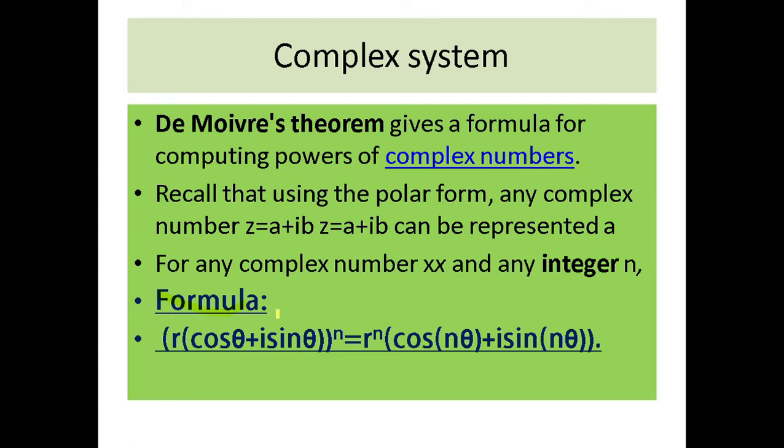Then we can separate it as r raised to n and (cos theta plus i sin theta) raised to n. This is my main formula. Let's give an example: cos theta plus i sin theta raised to 3.